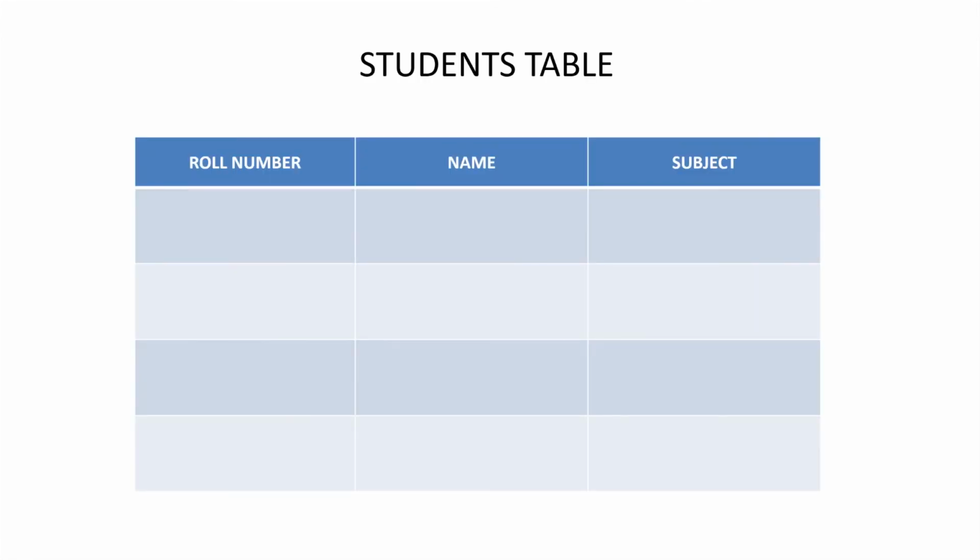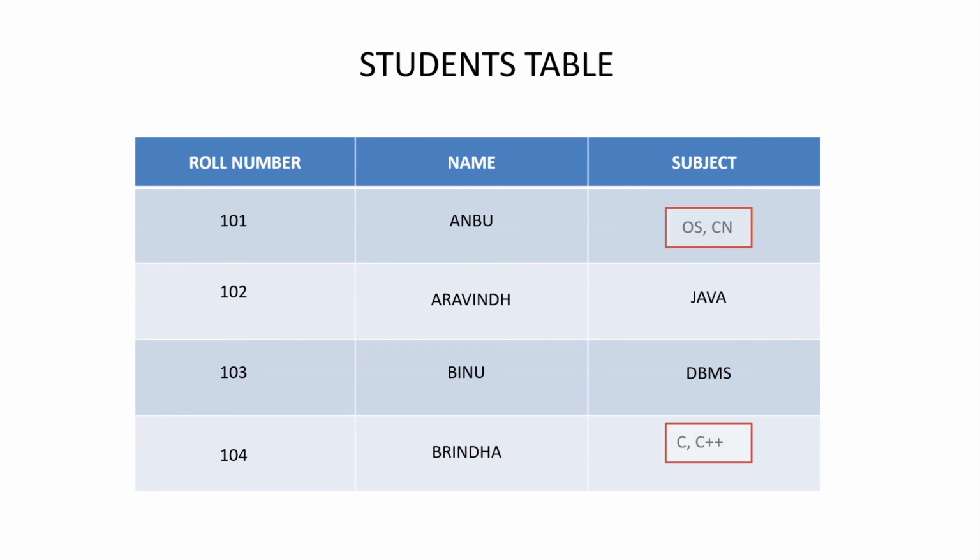Now it's time for an example to understand how the first normal form works. This is a student table with 3 attributes: roll number, name and subject. Now let's add some data like 101, 102, 103 and 104. Now I have entered 4 details in the student table.